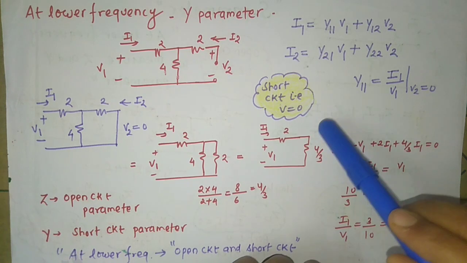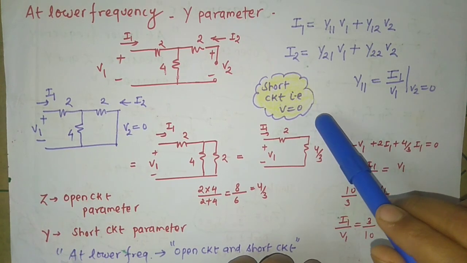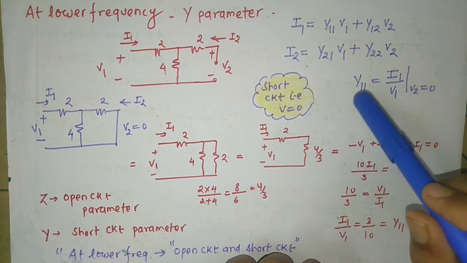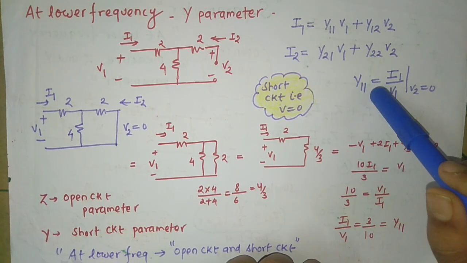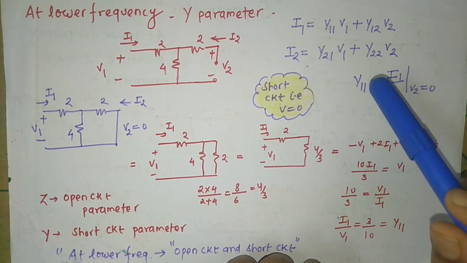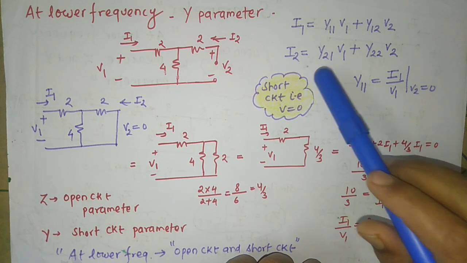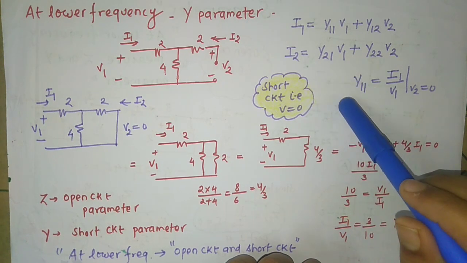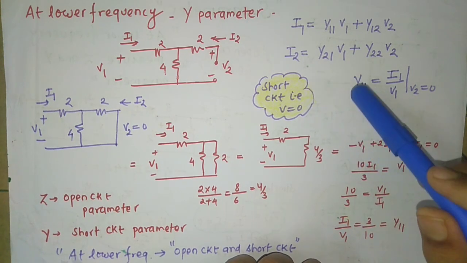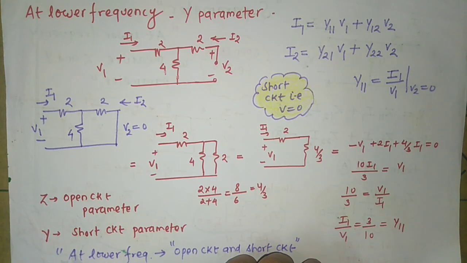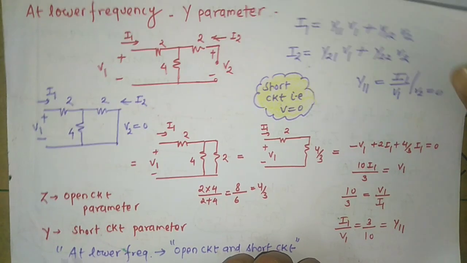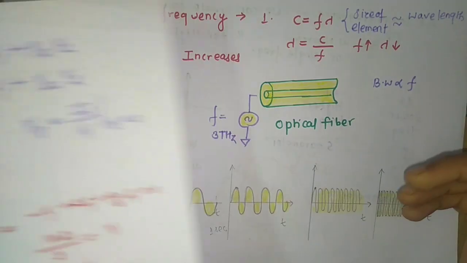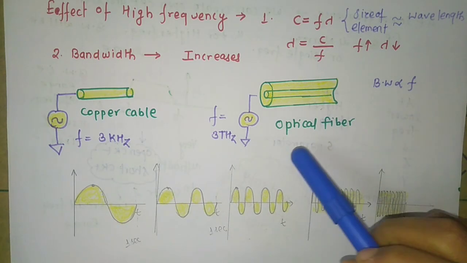And this open circuit and short circuit can be created only for low frequencies. Also remember that Y parameter and Z parameter are generally used at low frequency. Next thing is, what is the effect of high frequency?